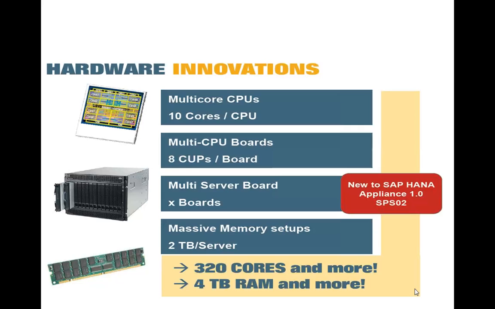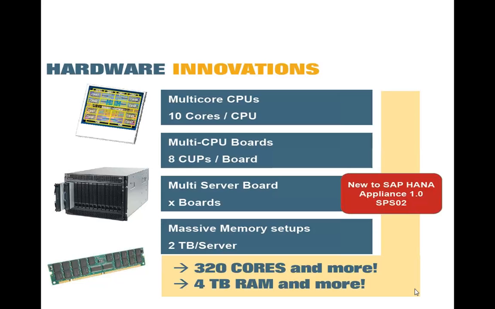So if you're looking at 8 CPUs on one board and each CPU has 10 cores, on each board you're looking at 80 cores, all right? And if you're looking at blade servers, the blade servers can accommodate multiple server boards. If you're looking at 4 boards, then you have a total of 320 cores, right? So that is the capacity that you have with the HANA servers.